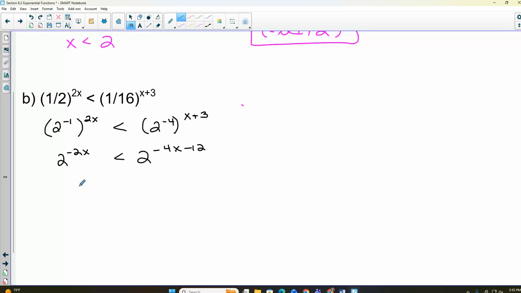Because my base is bigger than 1, when I drop it, my inequality just stays the same. So if I add over my 4x and divide, I get x is less than -6.